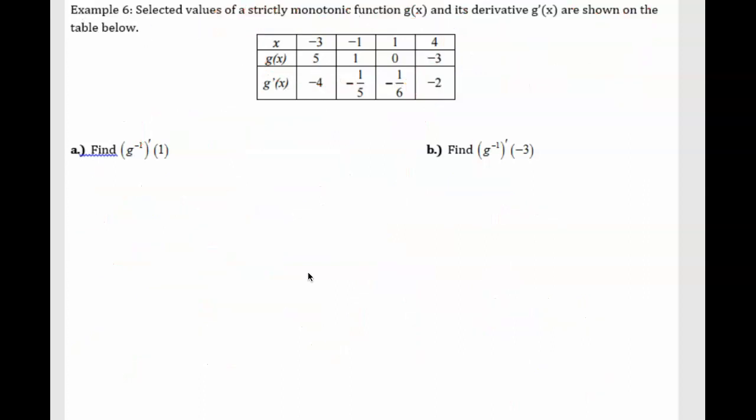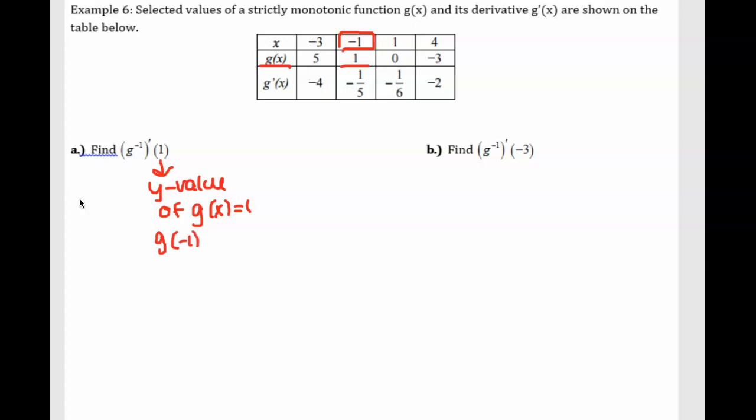So in order to use this table, this is the y value of g of x. I need to know, when does g of x equal 1? So g of x equals 1 at x = -1.